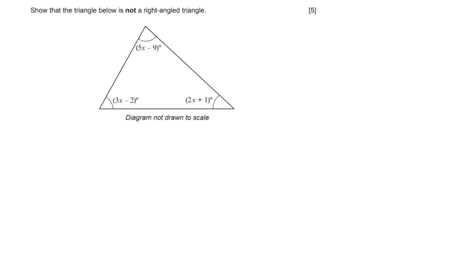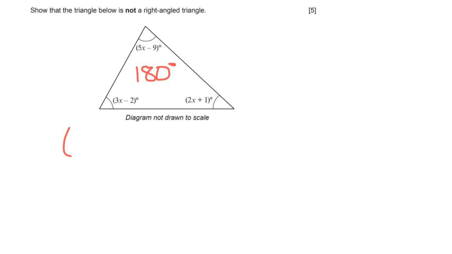Now in this question, I've been given information about a triangle. So it doesn't mention the perimeter. However, what I've been given is the amount of degrees. So I know I'm working in angles. So I need to think about what I know about a triangle. And I know a triangle adds up to 180 degrees.